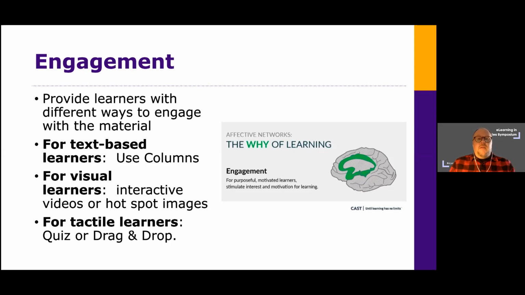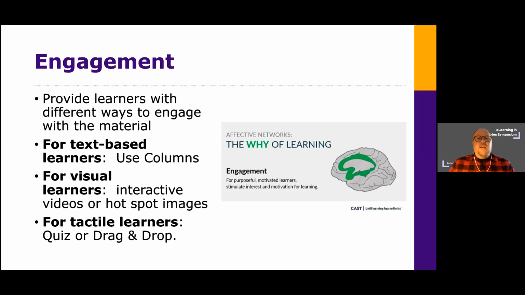For example, I might want to have a series of quizzes embedded within an interactive video or within the column, to make sure that those students are also engaging. Or I might want to use something like drag and drop, so students are actually dragging material across the screen and matching up ideas in that way.